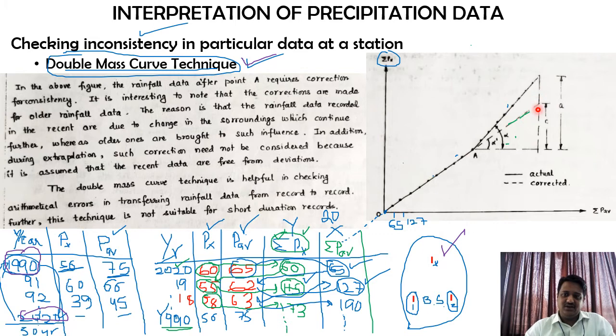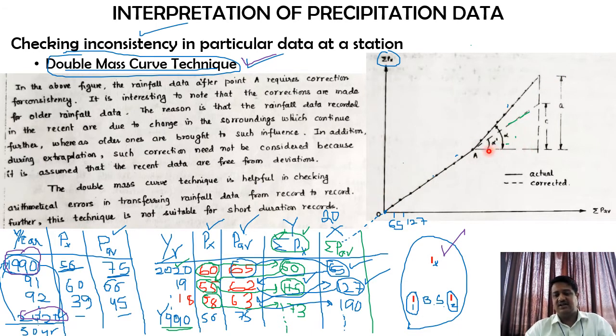Once we get these corrected values, we apply them with the Px and P average which have already been given, and then we may find all the other aspects that they'll be asking in the question. That other aspect might be the average rainfall over this entire period of 30 years with the corrected values.